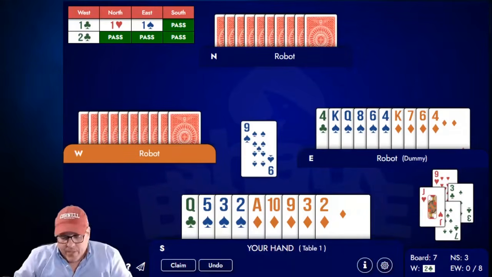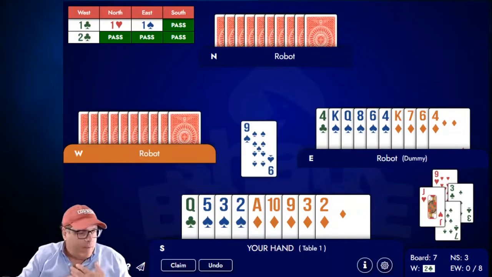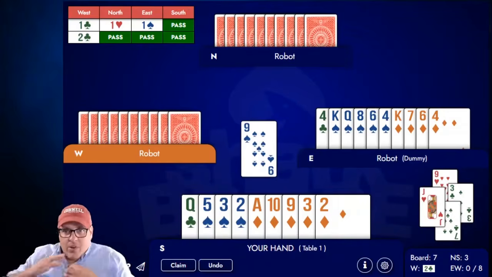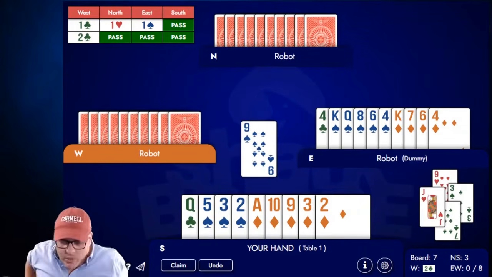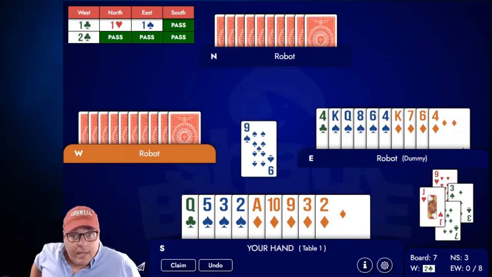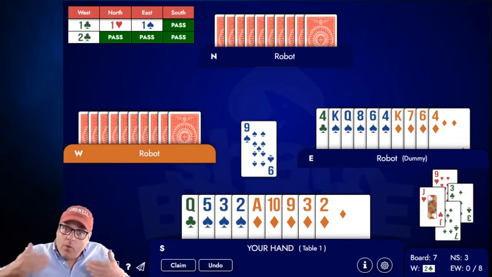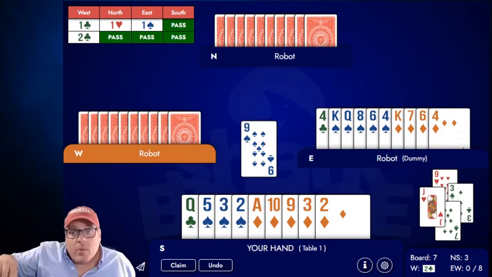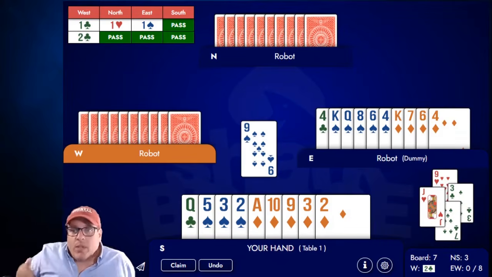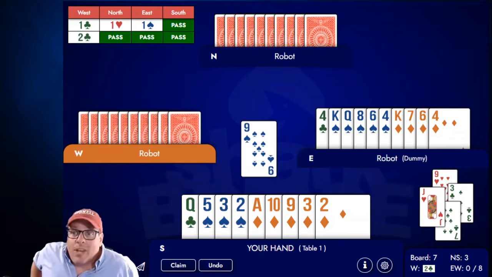Now, this might be a little too confusing if you're new to signals, but I want to show you the difference. We are leading here. When we're leading, we usually lead low from our good holdings and high from our bad holdings. The exception is the opening lead, where we usually lead high from doubletons if we're in that spot. But here, what we want to make sure partner knows is that we don't like spades.